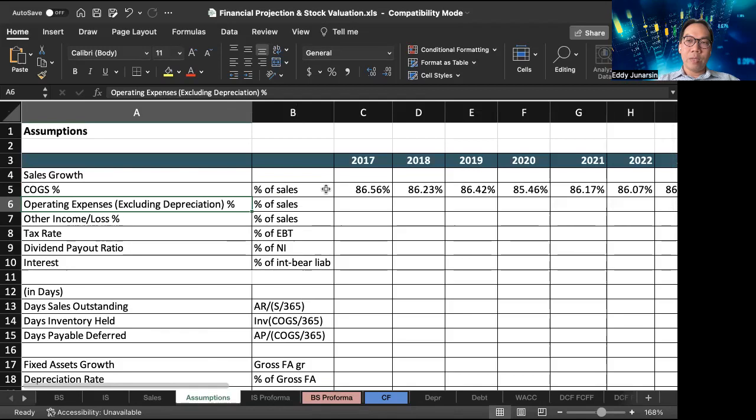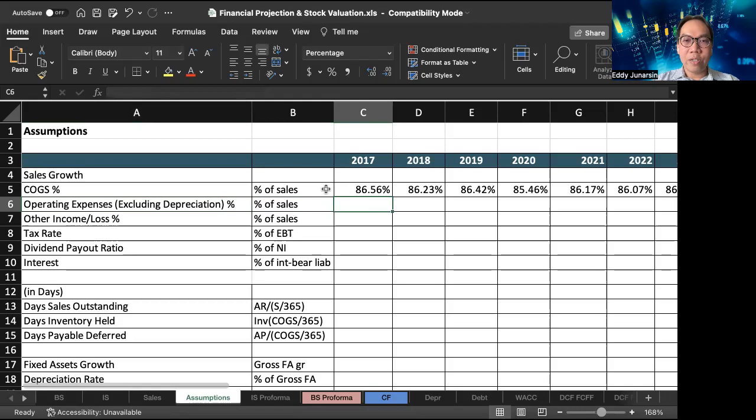We can decide that the amount will go up by 2% every year, by 1% or whatever. But in this example, I'll use the percentage of sales method. This is also common in real practice. So operating expenses are estimated using the percentage of sales method.